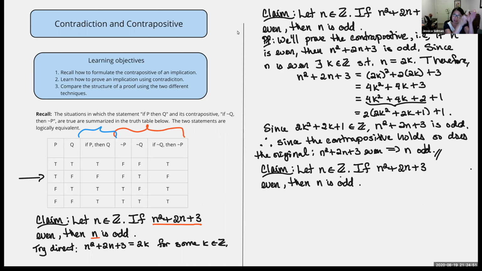So you're assuming something about the first two columns of the truth table. Okay, so let's try to do this. So proof, again, we're going to signpost for the reader that we're going to do a proof by contradiction. So we'll proceed by contradiction.